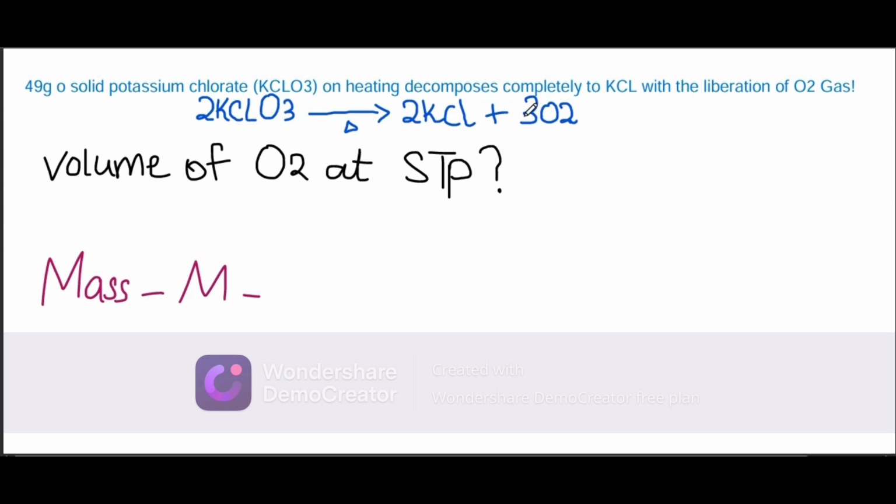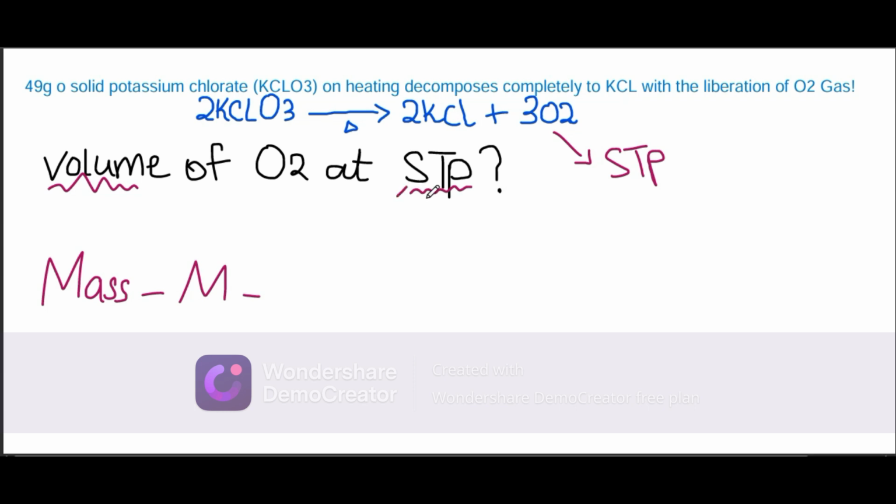Now, of course, if you are solving this for STP, for any volume, such as the volume of O2 at STP, this is the main highlight of the question: it asks what the volume of O2 at STP is.